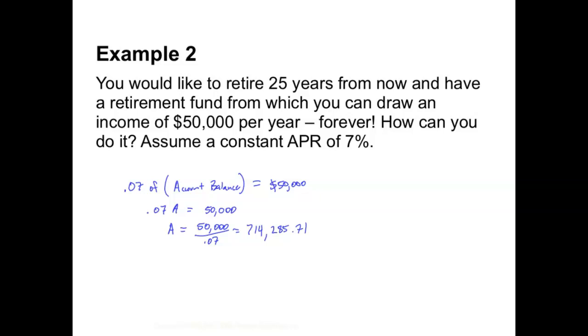All right, so what we figured out is that if we had that amount in an account and we just let it sit, then it would earn $50,000 over a 1-year period just on interest alone, okay? And so what we want to figure out is, okay, how do I have 25 years to accumulate that balance?